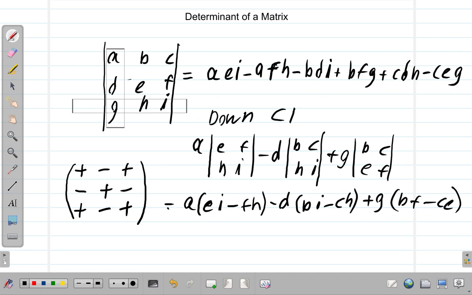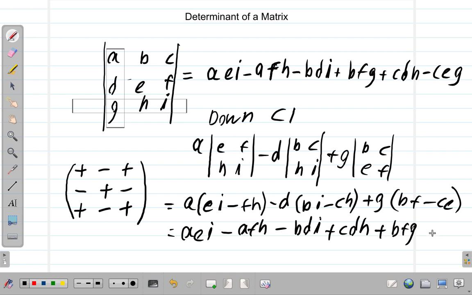Let's multiply out. We have AEI minus AFH minus BDI plus CDH plus BFG minus CEG. All right.